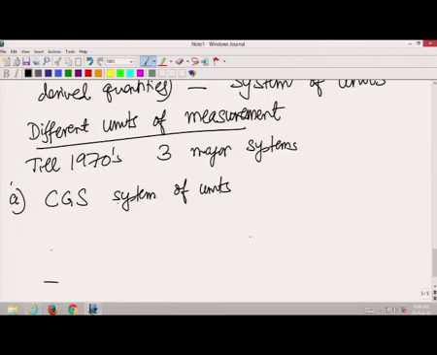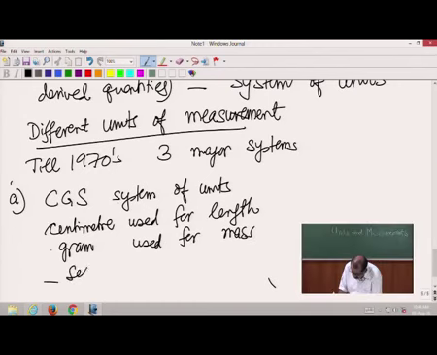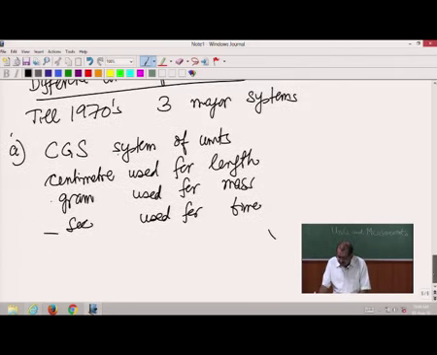In the CGS system, centimeter was used for length, gram was used for mass, and second was used for time.